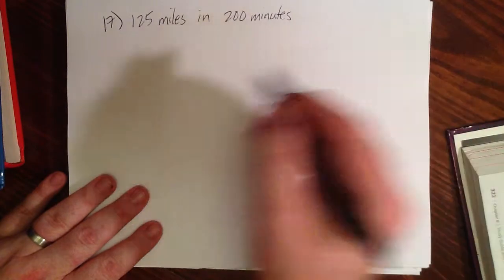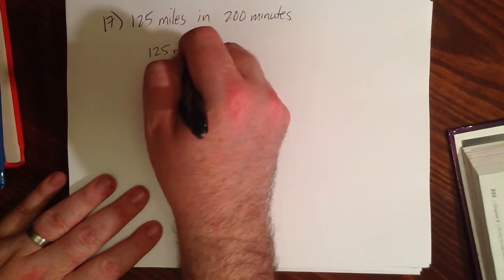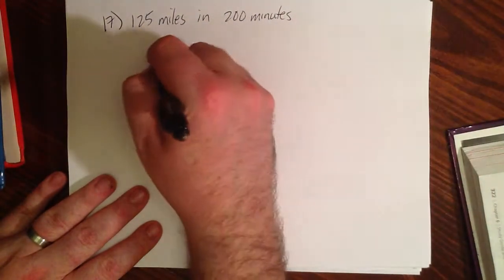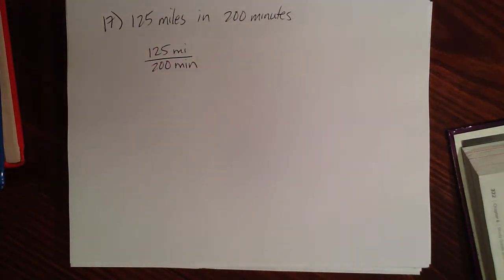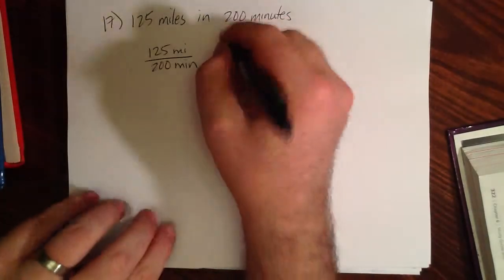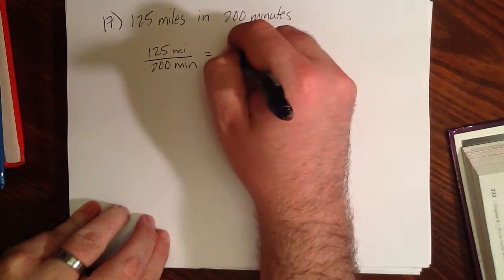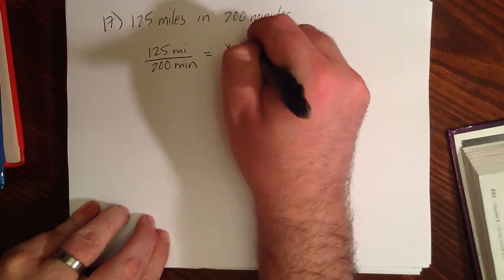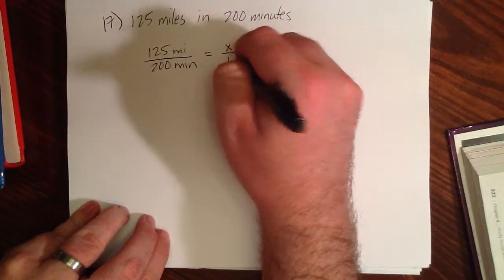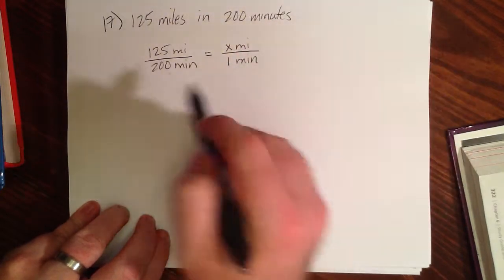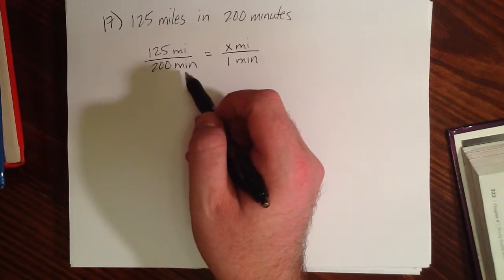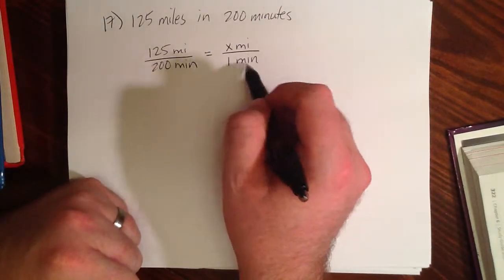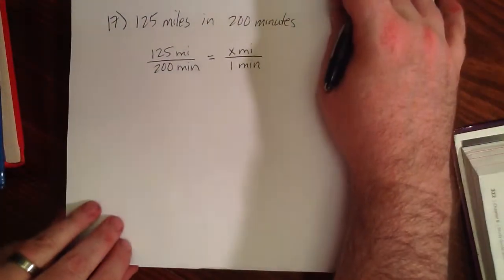So that ratio is 125 miles over 200 minutes. Well, we are to convert that to a unit rate, and unit rate means that the denominator is 1. So that says how many miles would you travel in 1 minute? So if the distance is 125 miles in 200 minutes, then how many miles would that be in 1 minute? That is the unit rate.